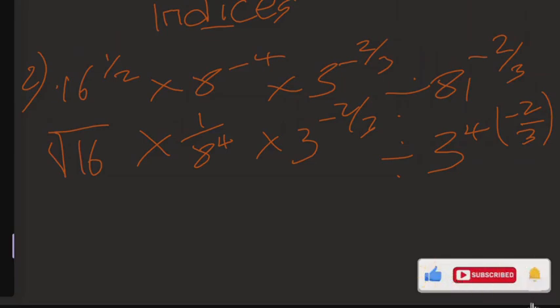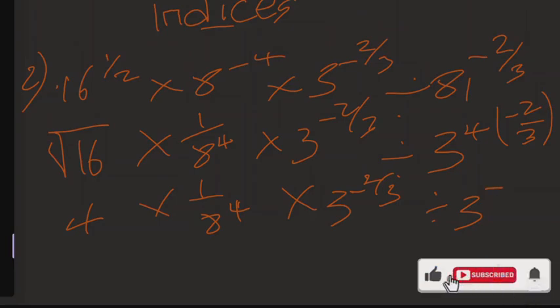If we take the square root of this, we'll be having 4 multiplied by 1 over 8 raised to the power of 4 times 3 raised to the power of minus 2 over 3, divided by, now this is 3 raised to the power of minus 8 over 3.